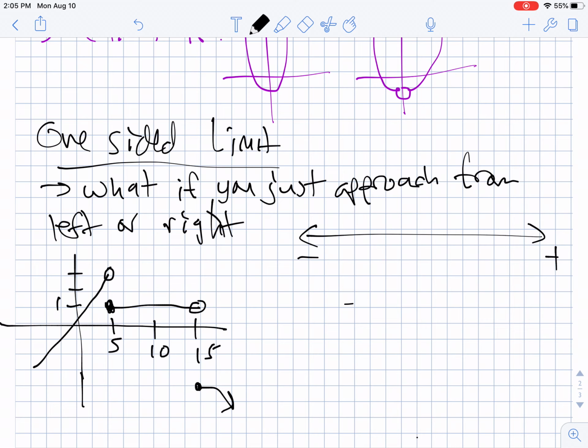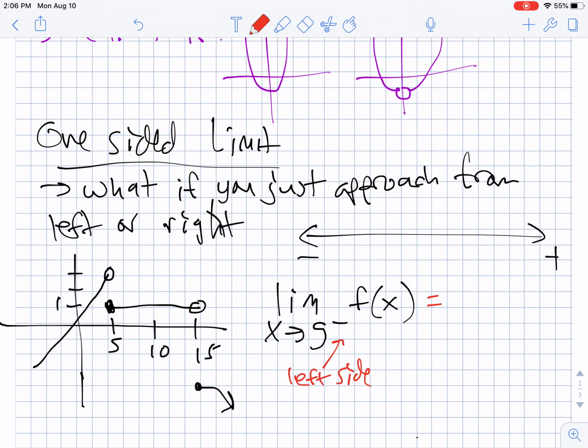It looks like it ends at -4. So when I ask you to find the limit as we approach 5 from the negative side, I write it like this: the limit as x approaches 5, and where we'd write an exponent, we put a little negative sign. That exponent means the left side, the negative side.